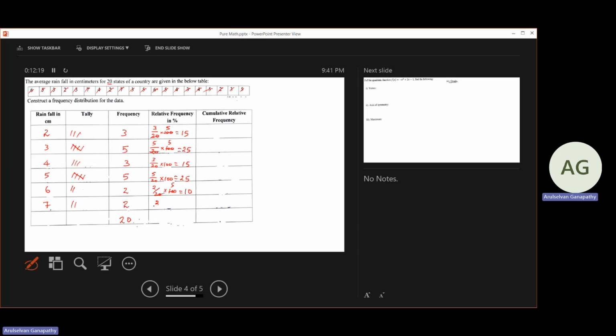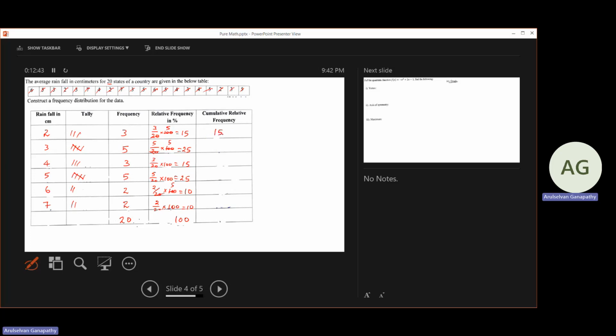And same here, 2 by 20 times 100, which is 10. Add all these things, 15 plus 25, 40, again 40, 80, plus 10, 90, plus 10, 100. So 100, total 100%.